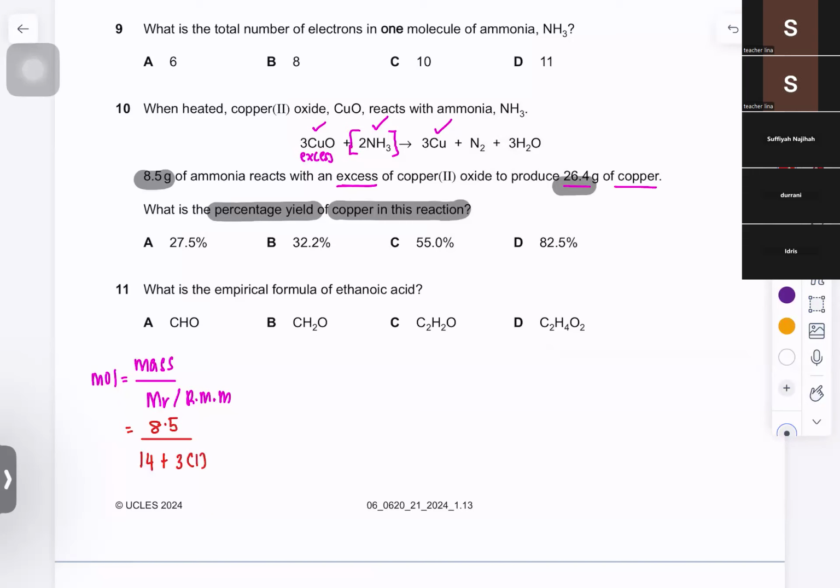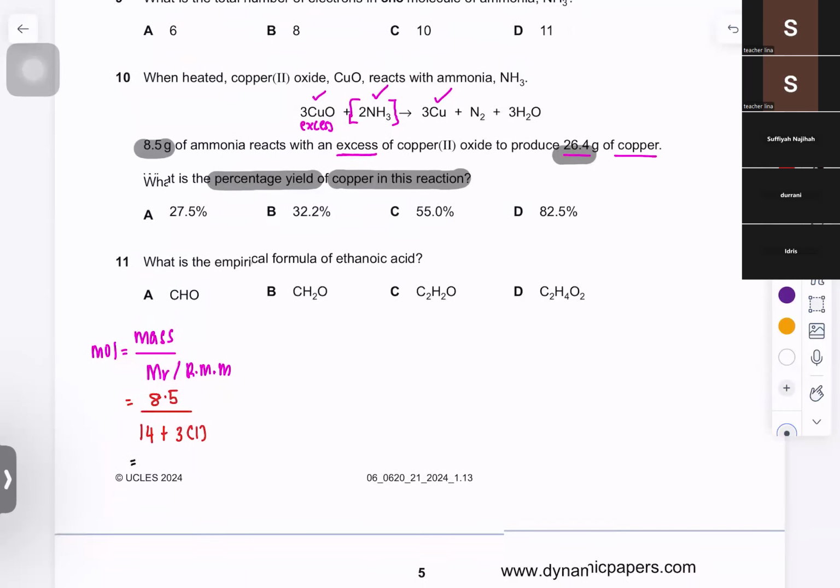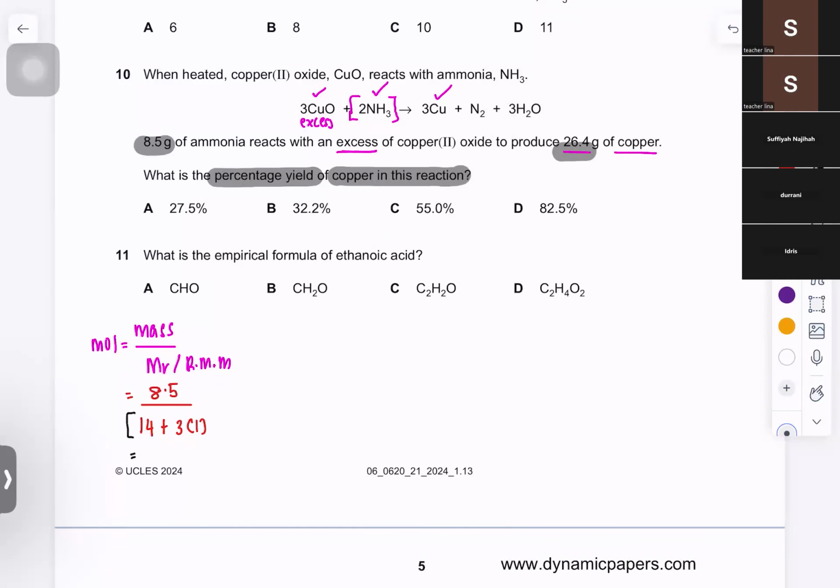In paper 2 they will give the periodic table; SPM does not, it is given on the question paper. Teacher, do I need to times it with 2? No. This is always a mistake by students. The 2 here is only for ratio mole. Please remember that.